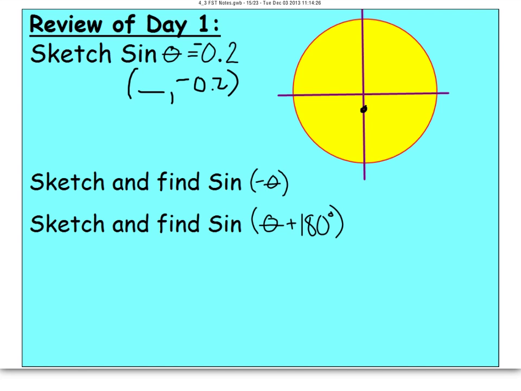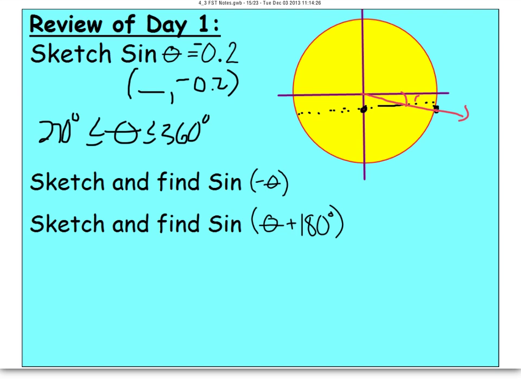So let's say that they said theta should be in between 270 degrees and 360 degrees. So that tells me I know I should go over here to the right and not to the left, which is quadrant 3. So the angle they're talking about is roughly right here. So that is our theta. And we'll write the ordered pair down. I don't know the x, but I know the y is negative 0.2.